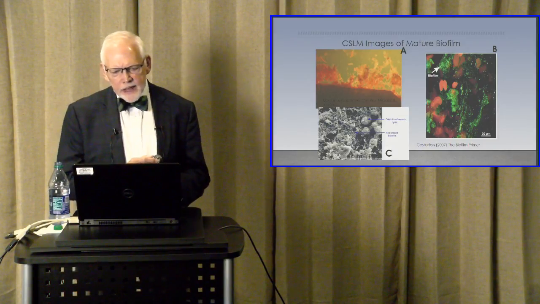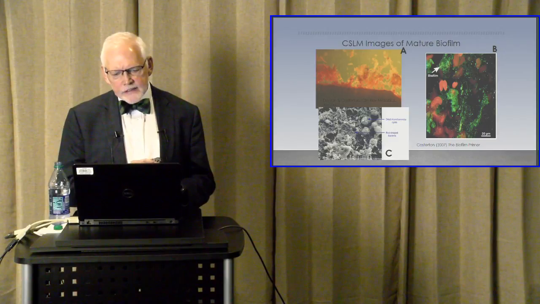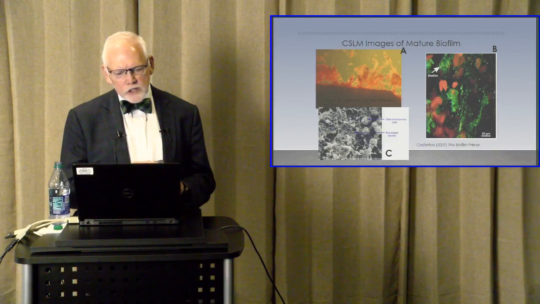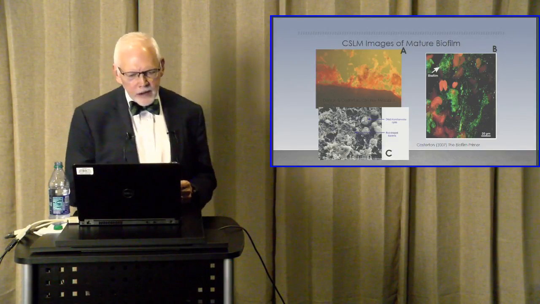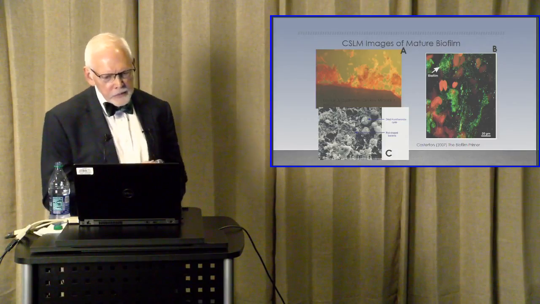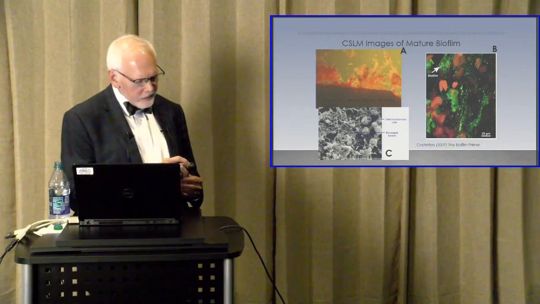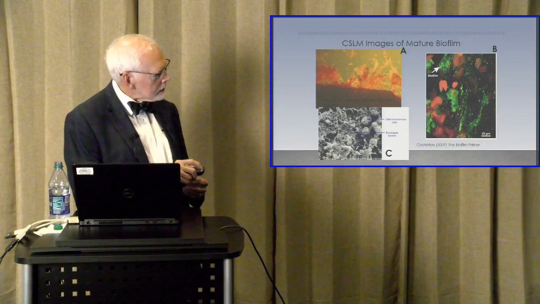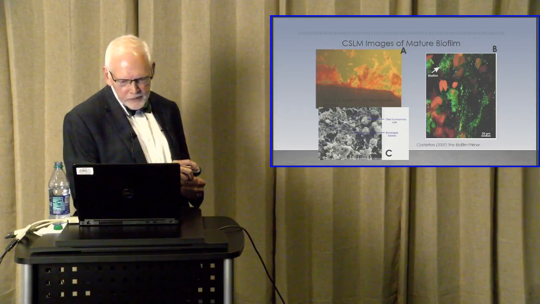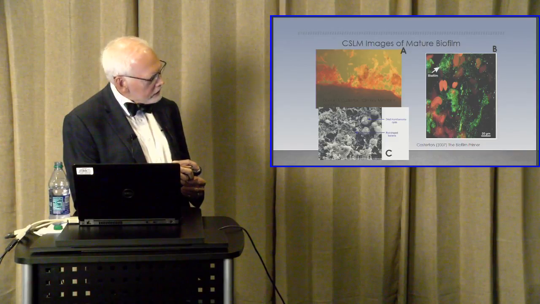But now we know that this is a confocal scanning light microscopy image of mature biofilm. What you can see is that there are different organisms here, dried acanthamoeba and rod-shaped bacteria in this one.